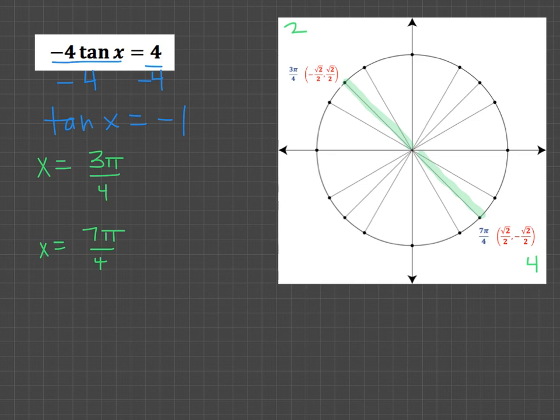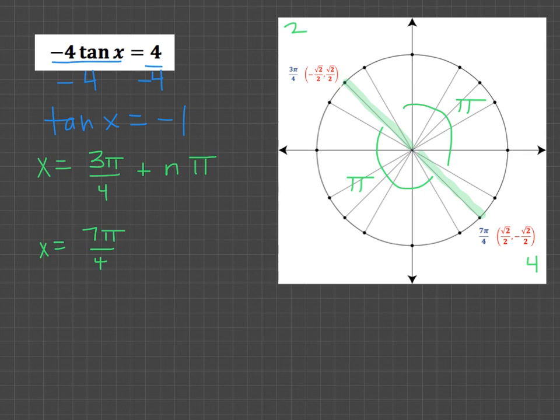So notice that the difference between these 2 angles is pi, or just 1/2 of a rotation with that angle measure of pi. So instead of having to add a full rotation to each of these angles to get to another angle with the same terminal side and the same ratio to give us tangent x equals -1, we just need to add multiples of pi.